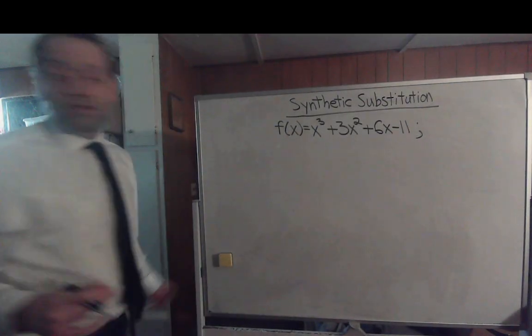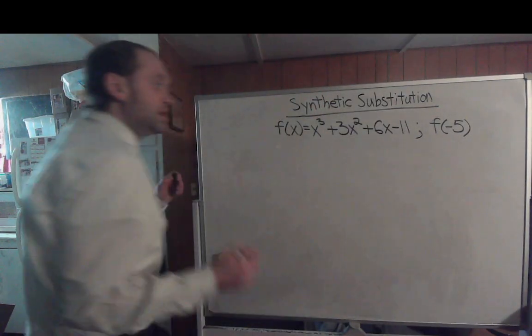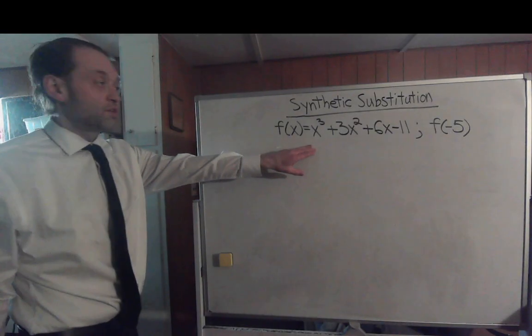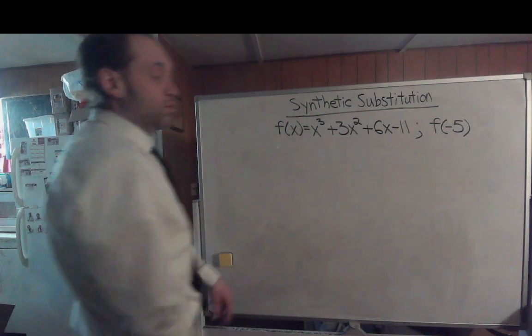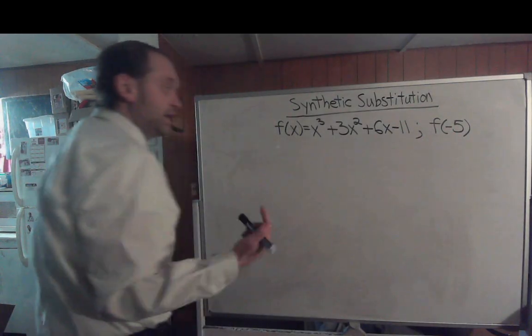They want us to evaluate this function at f of negative 5. When x is negative 5, so we'll take f of negative 5. That's what we're going to evaluate. So f of x equals x to the third plus 3x squared plus 6x minus 11. They want you to evaluate the function when x is negative 5, so f of negative 5.